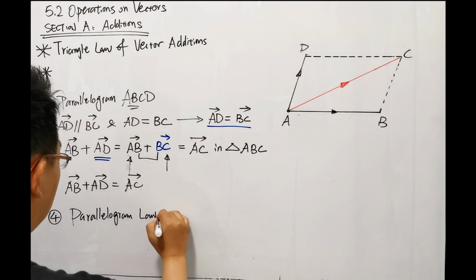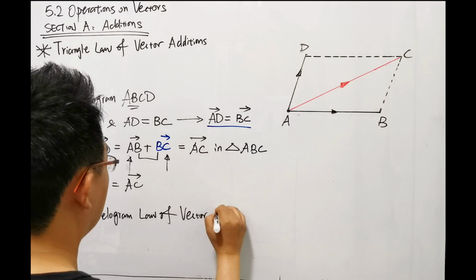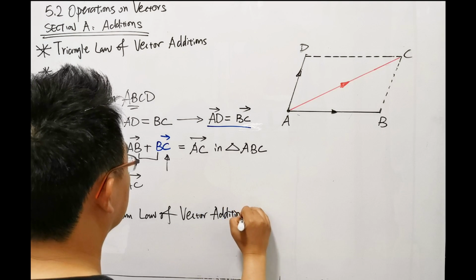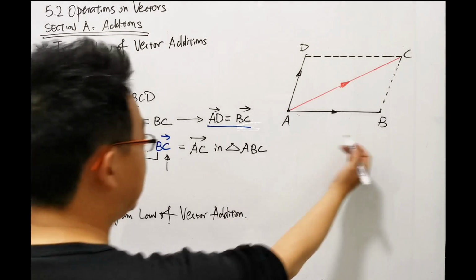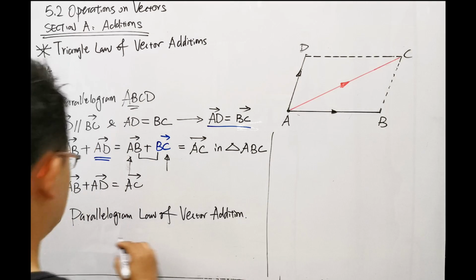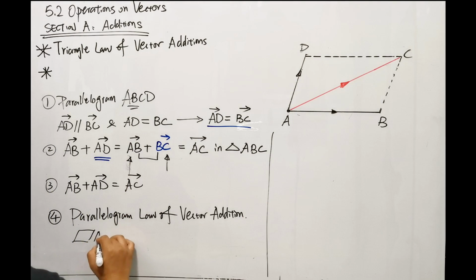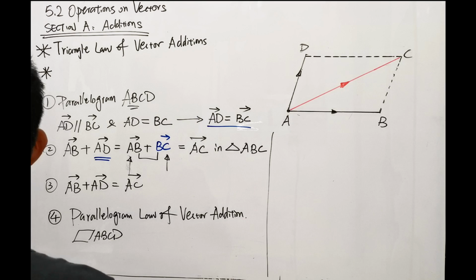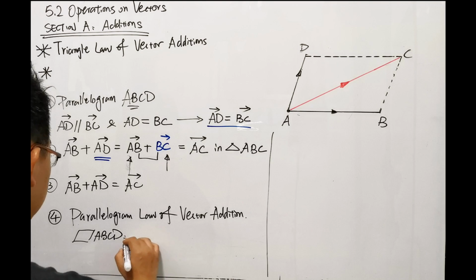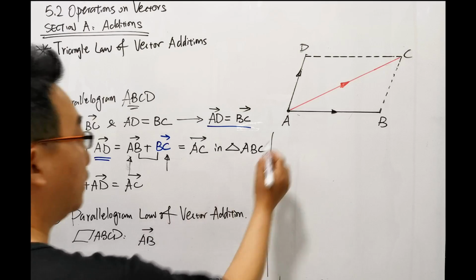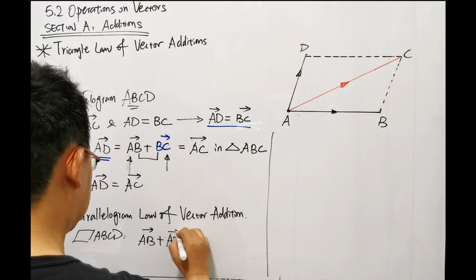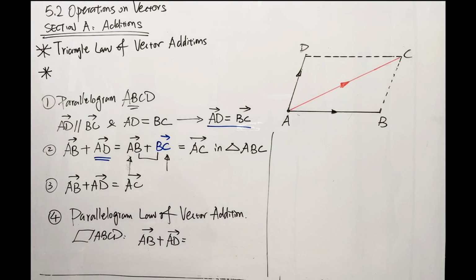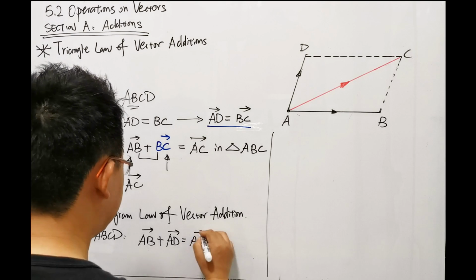In a parallelogram ABCD, for example, we will have AB plus AD equals AC.